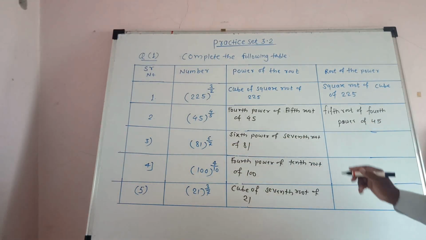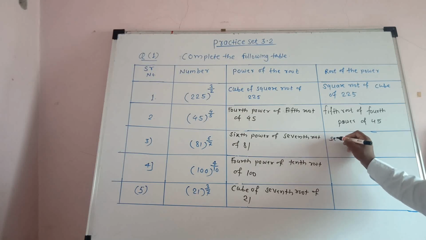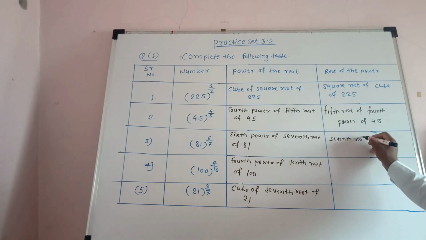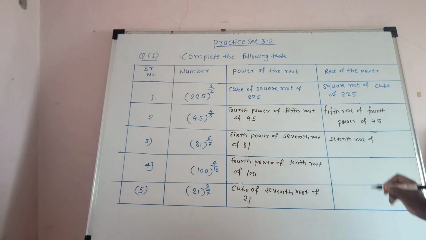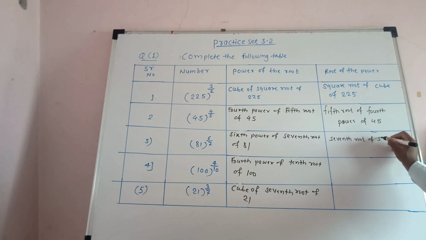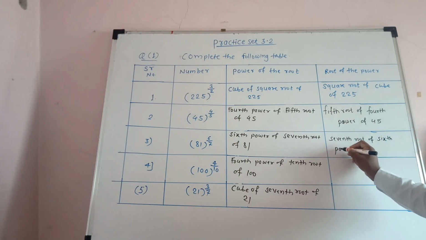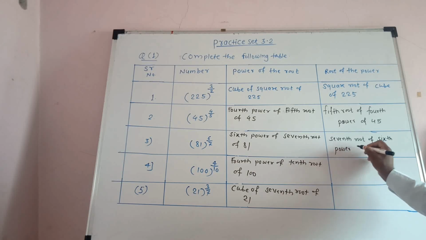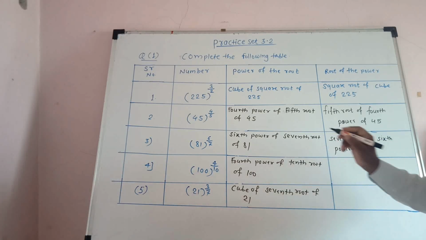So we write 7th root of, then power 6th power. 7th root of 6th power of 81.